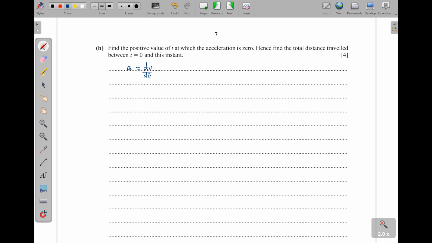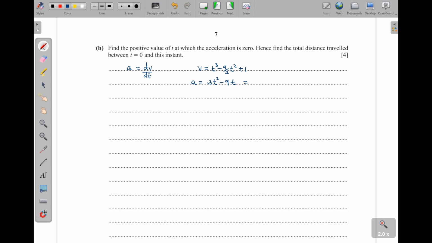Remember, v was given as t cubed minus 9 over 2 t squared plus 1. So our acceleration is going to be the derivative of this. That will be 3t squared, drop the power, reduce it by 1. Then the 2, when you drop it here, will cancel with that 2. You remain with a 9t. Of course, when you differentiate a constant, it disappears.